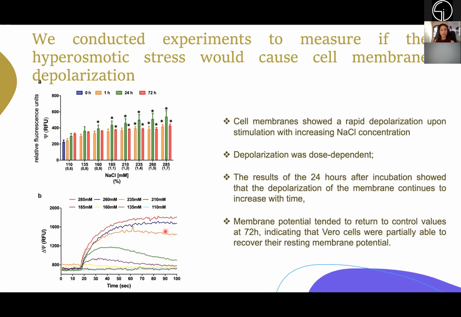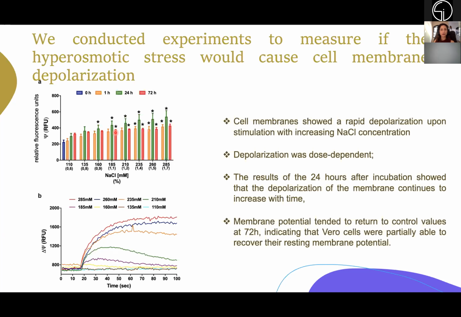This is dose dependent. The results at 24 hours you can see here in green. After incubation, all the time the salt is present, the depolarization of the membrane continues to increase with time. And after 72 hours, the membrane potential tended to return to control, indicating that the Vero cells were partially able to recover the resting membrane potential.